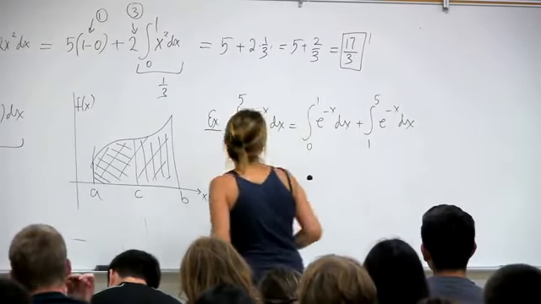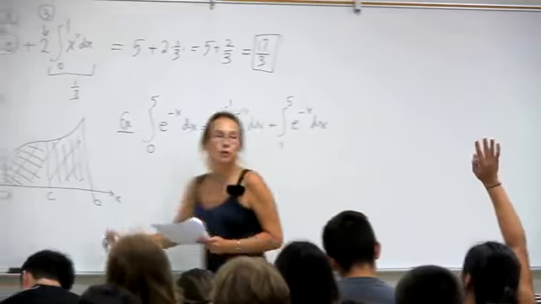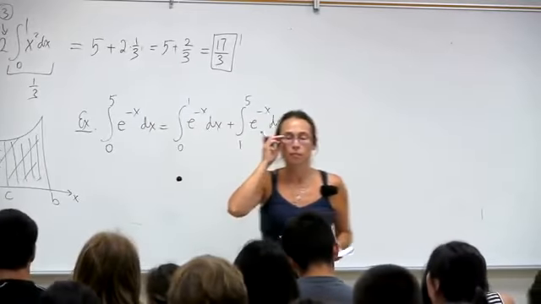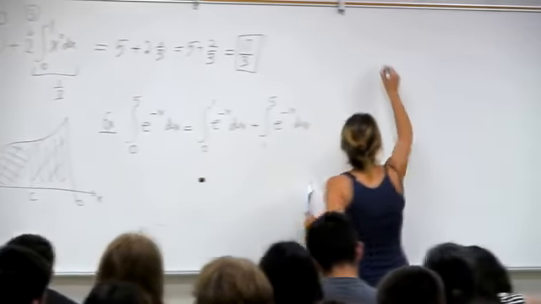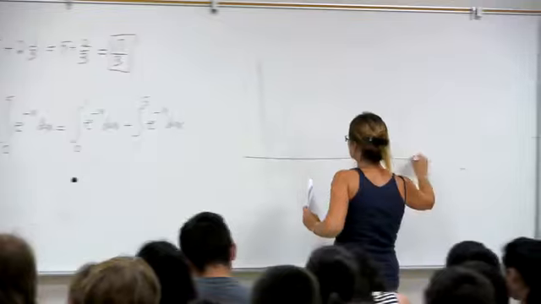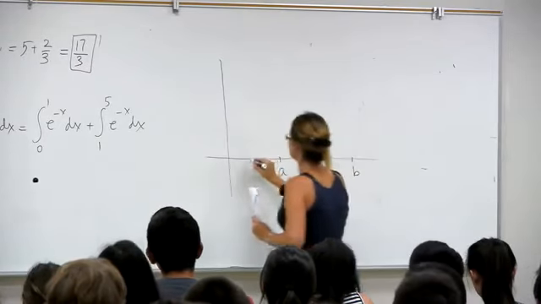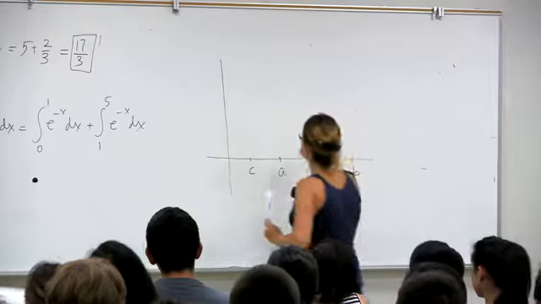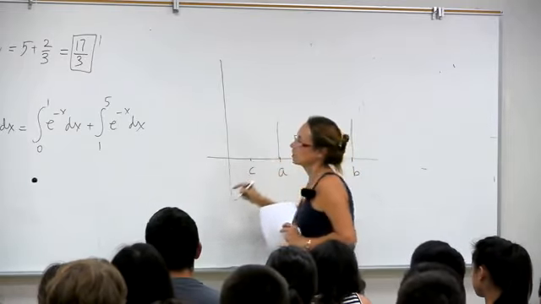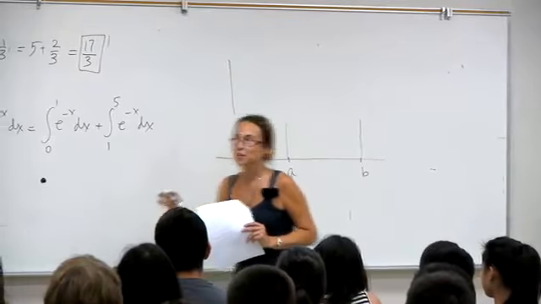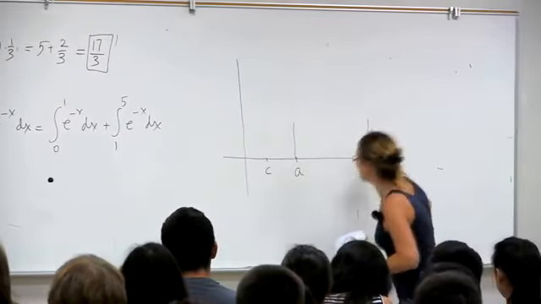Okay. Question? Can you draw an example if C is not in between A and B? Yes. So let's consider the following geometry. A, B, C. So we have to assume, in this case, that f is actually defined for the whole interval.